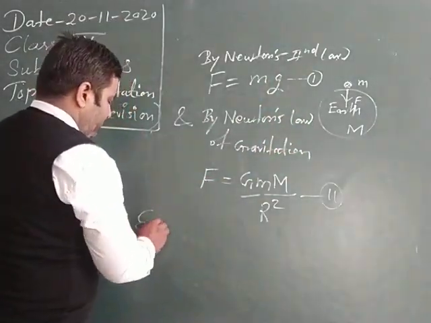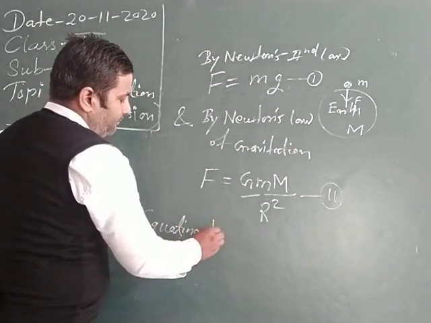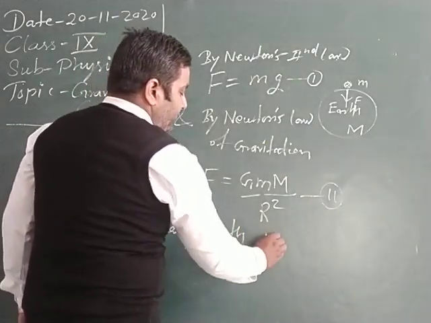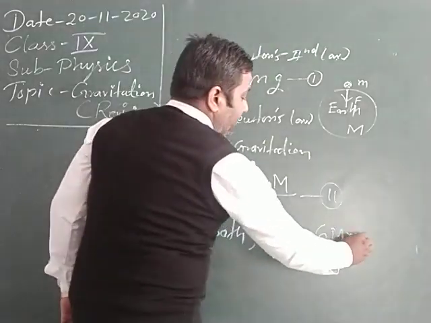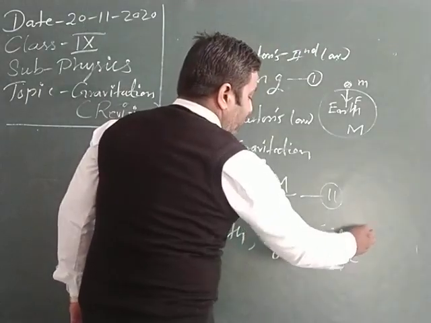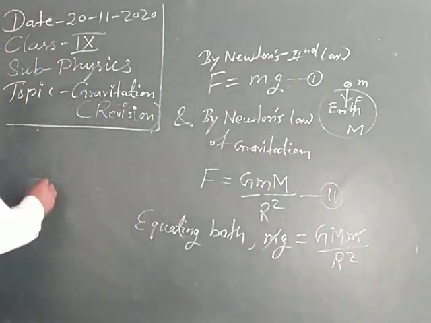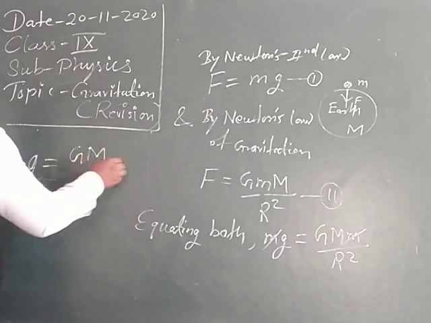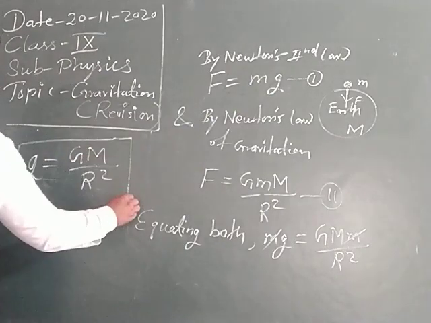Equating both, mg is equal to capital G capital M small m upon R square, then small g is equal to capital G capital M upon R square.